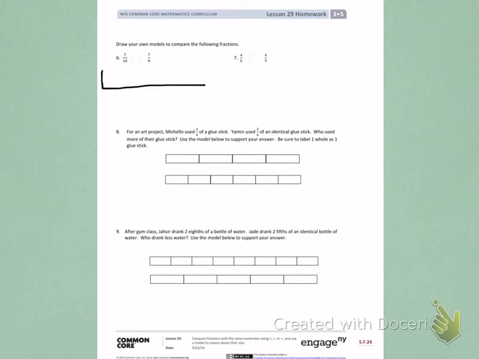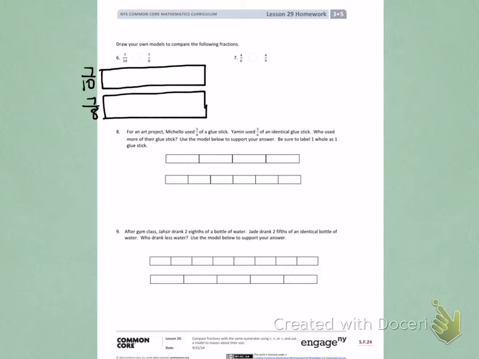So I'm going to start by drawing two rectangles that are exactly the same size so that I can easily compare them. The first is going to represent 7/10, and the second is going to represent 7/8.